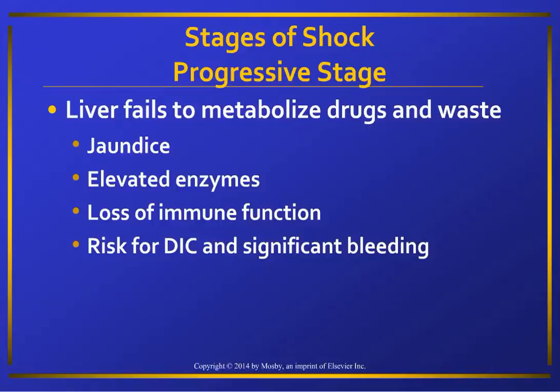The liver also loses its ability to function as an immune organ. Bacteria that may move from the GI tract are no longer destroyed by the Kupffer cells. Instead, they are released into the bloodstream, thus increasing the possibility of bacteremia.